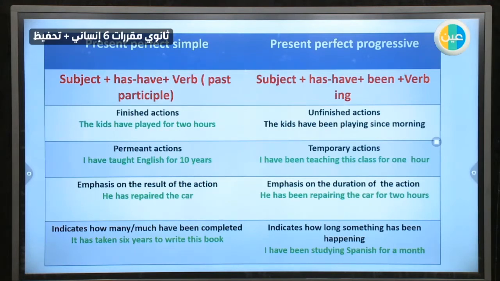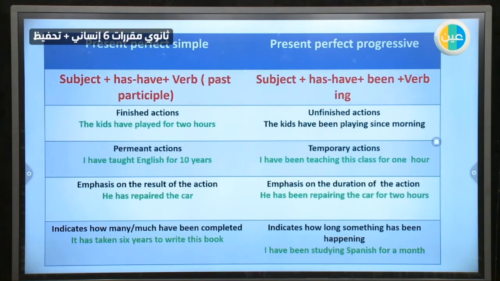Okay? The second use is that the present perfect simple is used with permanent actions. I have taught English. I, the subject, have, then taught, the past participle of teach.